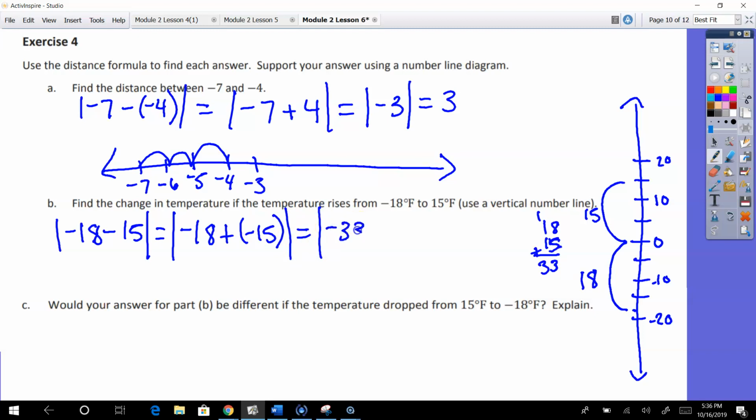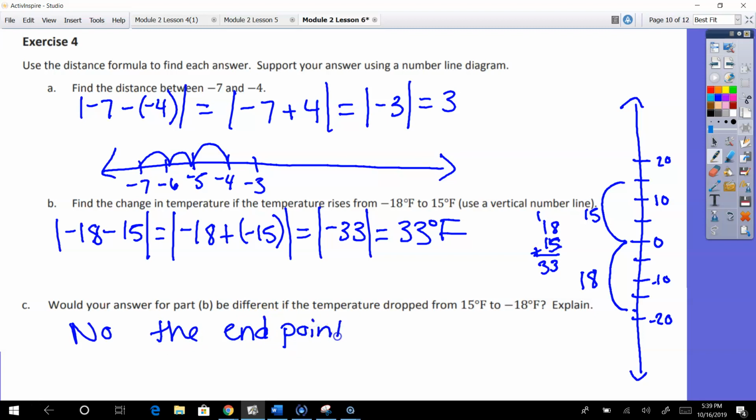So we're getting a negative 33, and the absolute value of negative 33 is 33. Change in temperature is 33 degrees Fahrenheit. Would your answer for part B be different? And explain? No, the endpoints are the same.